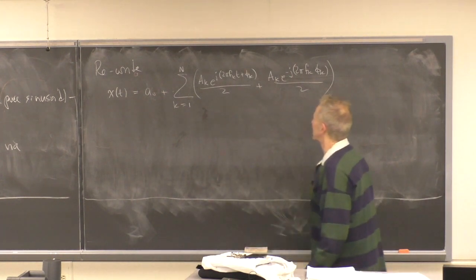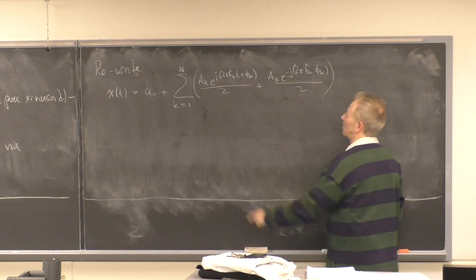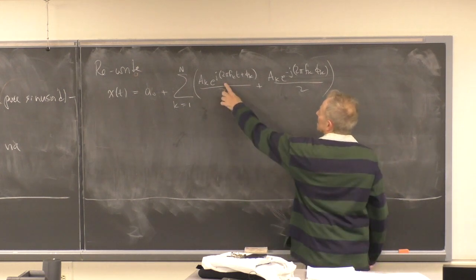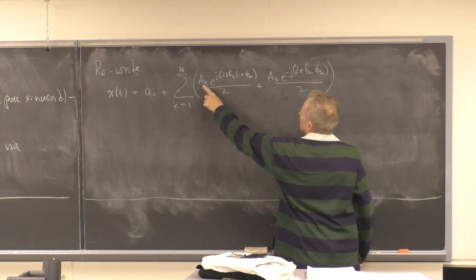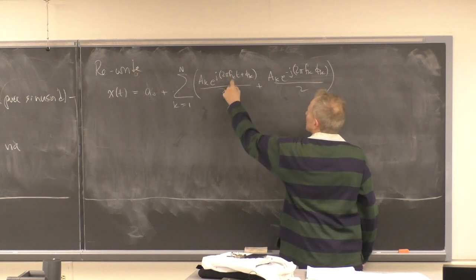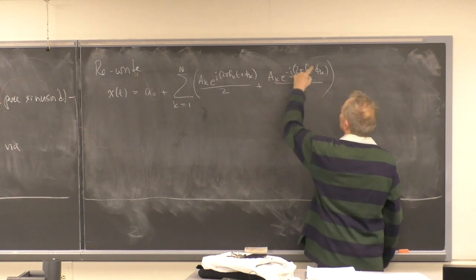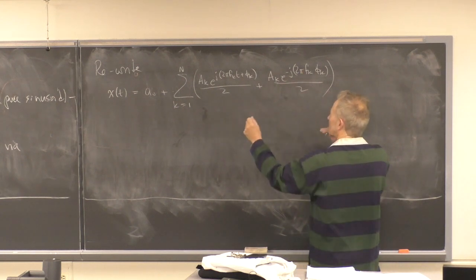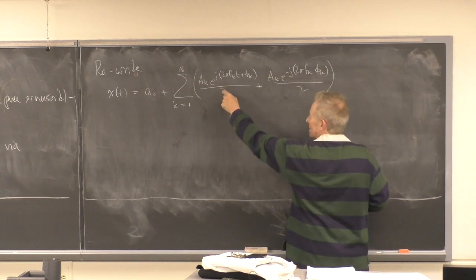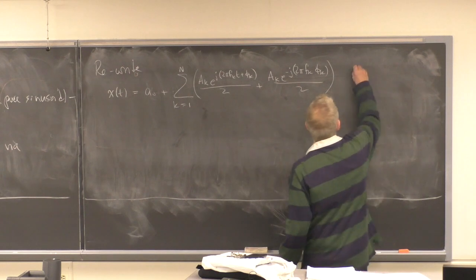Now, why is this the same as that? We remember, this is equal to ak over 2 times cosine of this plus j sine of this. This is ak over 2 times cosine of this minus j sine of this. So when I add them together, I get ak over 2 cosine this twice. Okay? So this is by Euler.